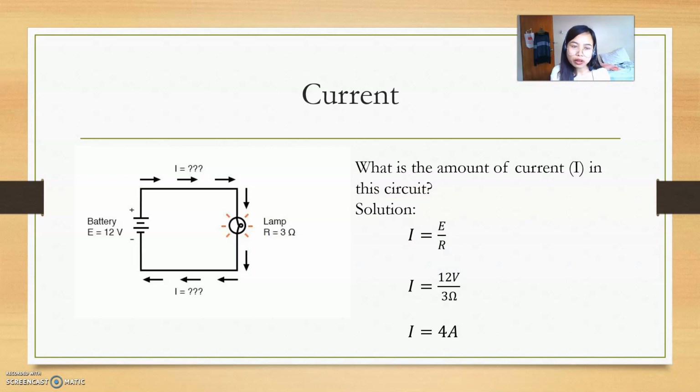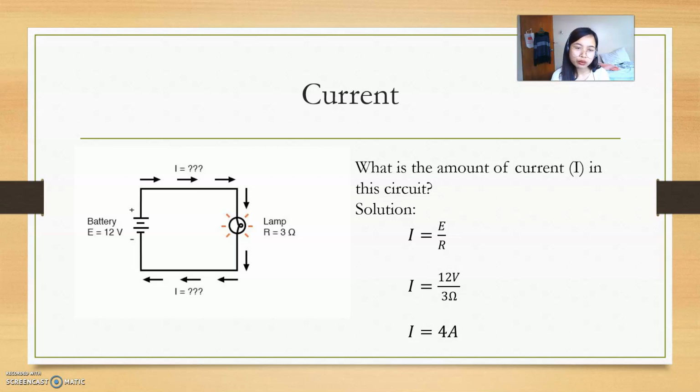Okay, let's have this one. Let's solve for the current. What is the amount of current in this circuit? As you can see in the picture, you can see the battery, the lamp, and the wire. Let's use the formula I is equal to E over R, or voltage divided by resistance.